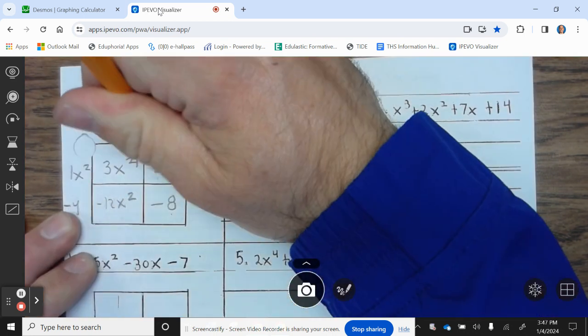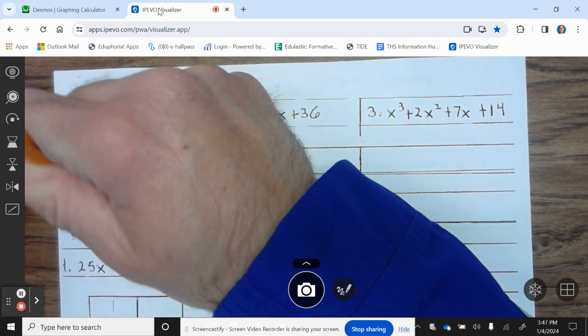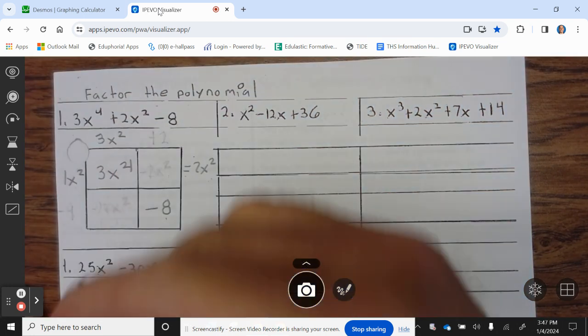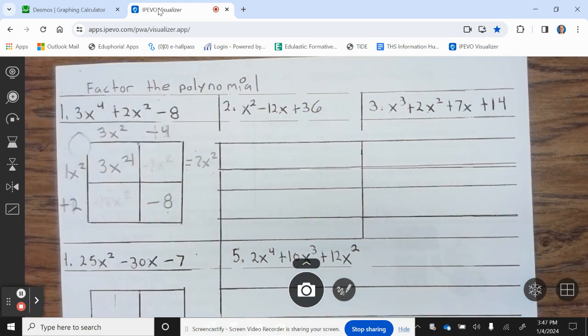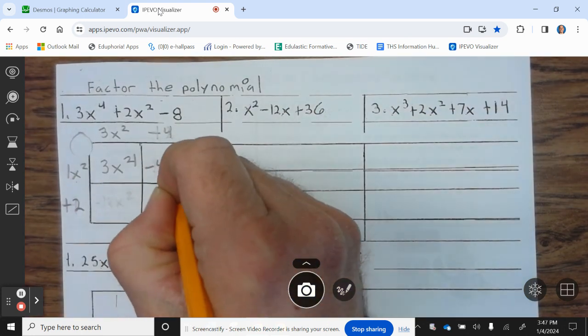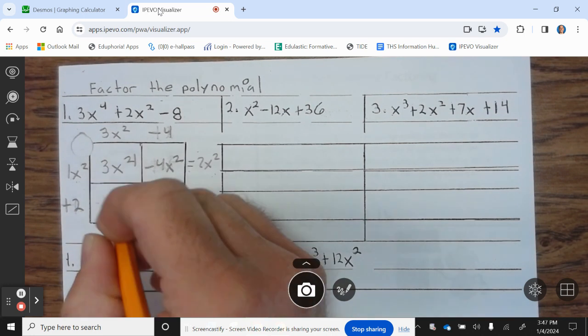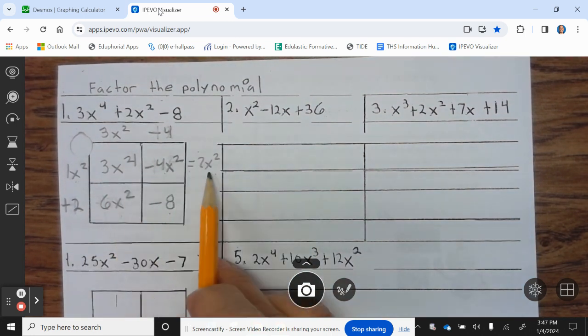So let's try minus 4, positive 2. So 1x squared times negative 4 is negative 4x squared. 2 times 3 is 6x squared. 6x squared minus 4x squared is 2x squared, so this works.